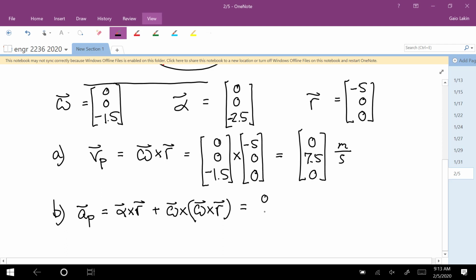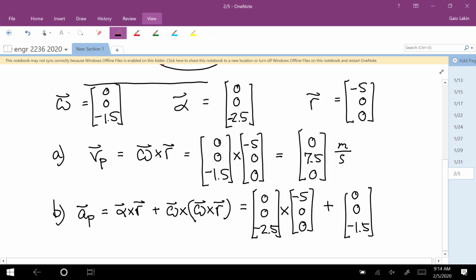So that's 0, 0, negative 2.5 crossed with negative 5, 0, 0, plus 0, 0, negative 1.5 crossed with the quantity omega cross r, which is what we just calculated for velocity.